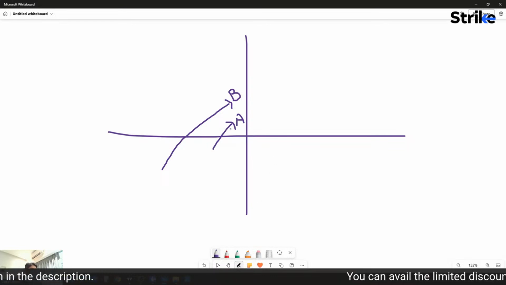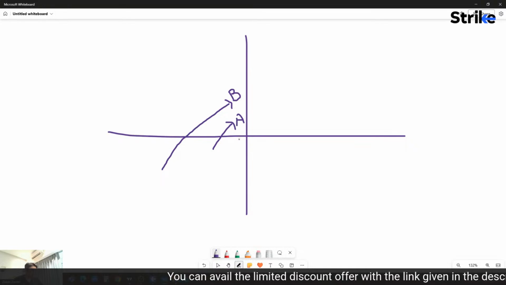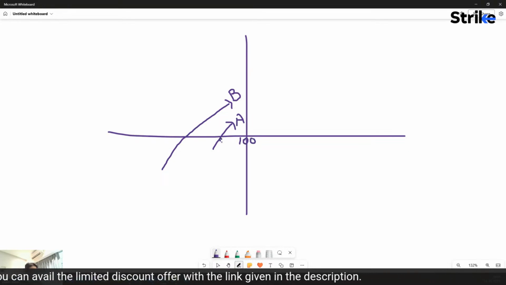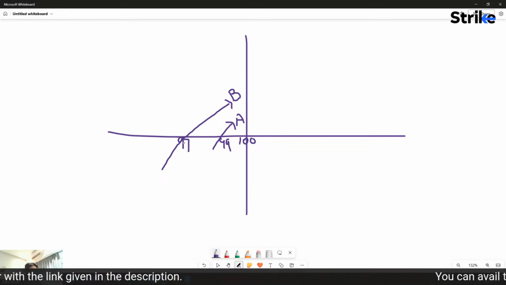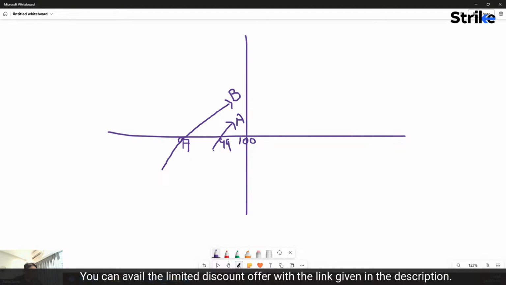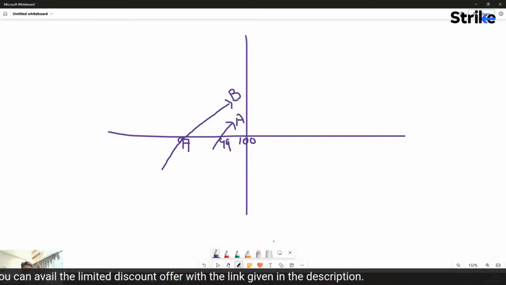It is because of the tail length. So you have to understand something like this: the tail length. Understand, this is 100. All right. This can be 99, and maybe this can be 97. So what has happened is that within a fixed period of time, A has traveled. Both are sloping upwards. That means both have gained momentum.